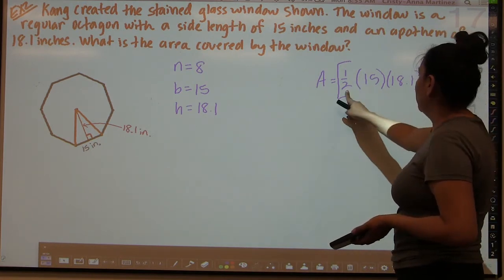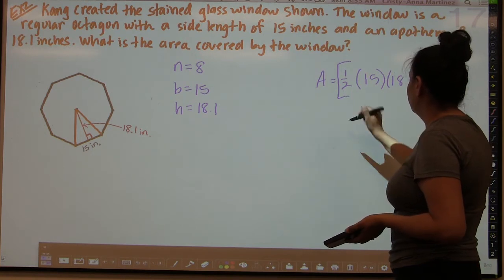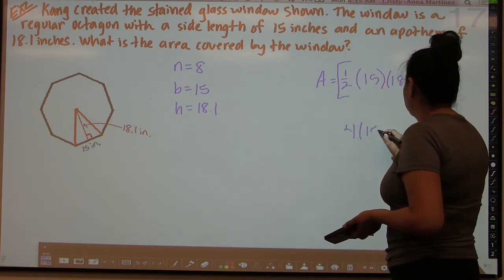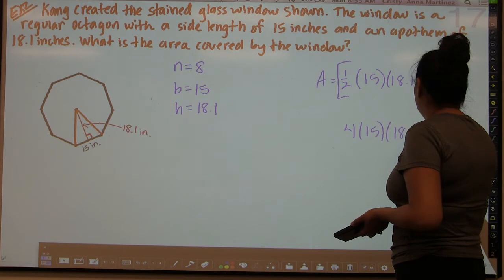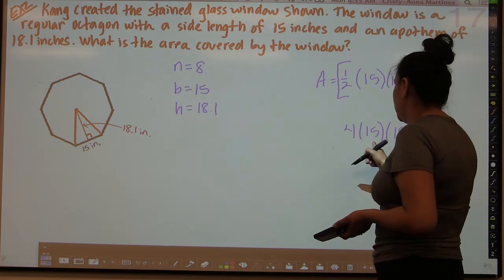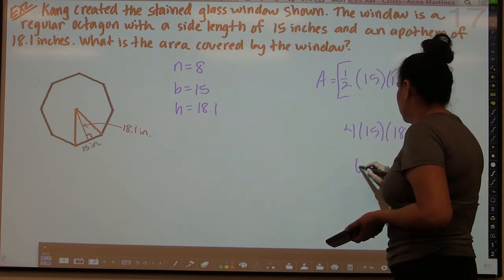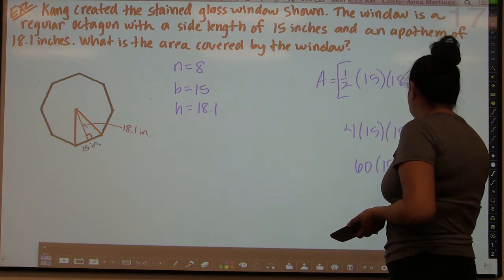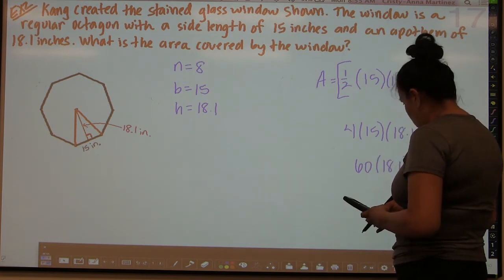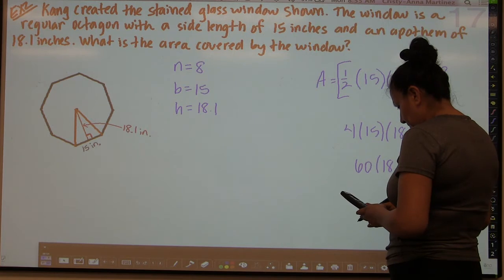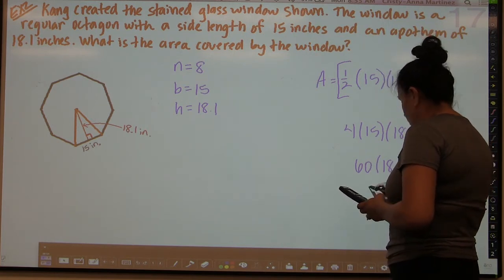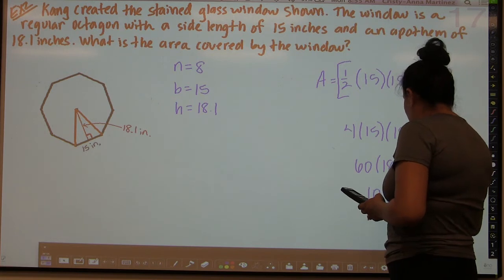So 8 divided by 2 is going to give us 4. So it's 4 times 15 times 18.1. 4 times 15 we know is 60. So now we're going to go 60 times 18.1, which is 1,086.